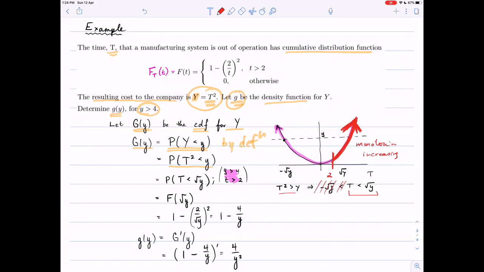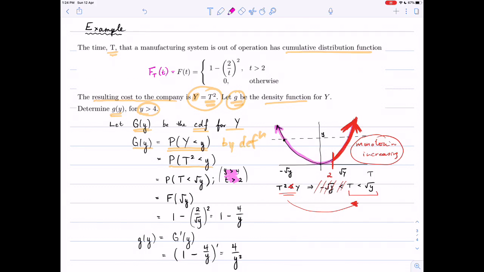That if t squared is less than y, then t is less than root y. It is like using the inverse function. So we are using the inverse function on a piece of the domain where the function is indeed monotonic and increasing.